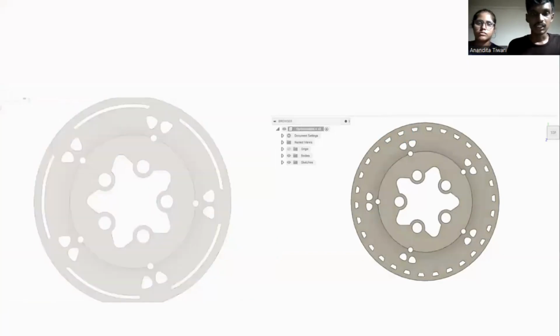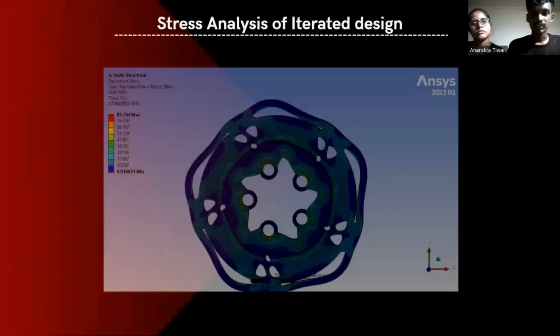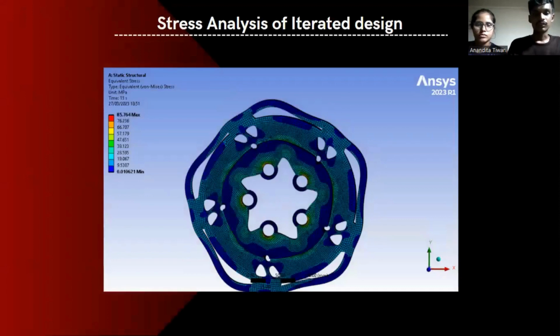Analyzing it, this was the best optimized disc we got. We did stress analysis, where the first design was pretty unsatisfactory. As you can see, the displacement of each node is very big, and the stress is 85 MPa, which is way bigger than the baseline disc.